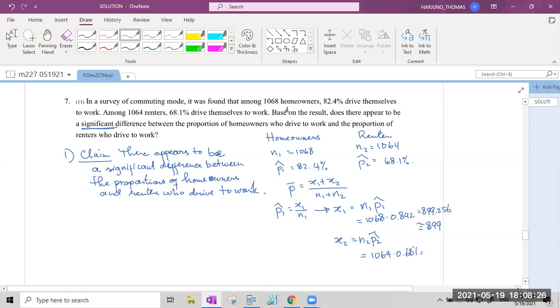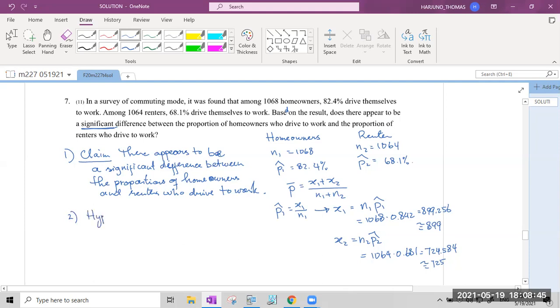That is 724.58 something. We do rounding, that's 725. Later on I will use the calculator for that.